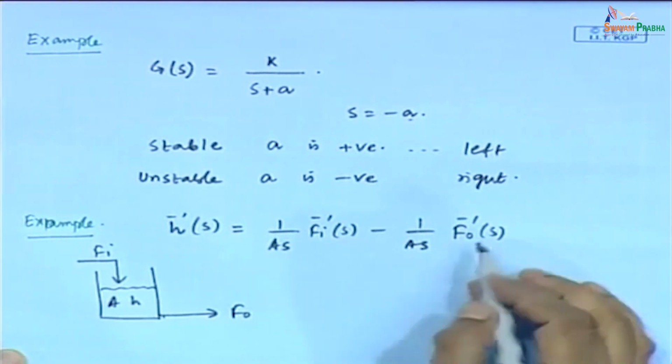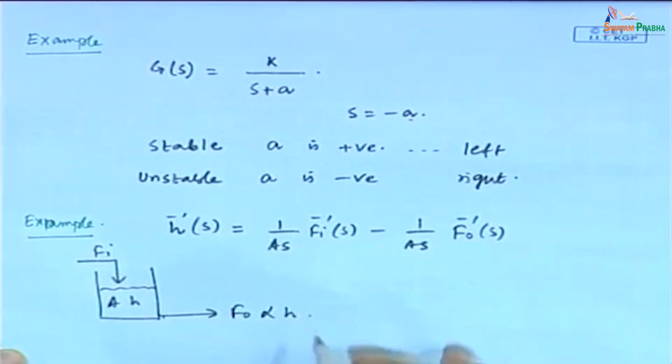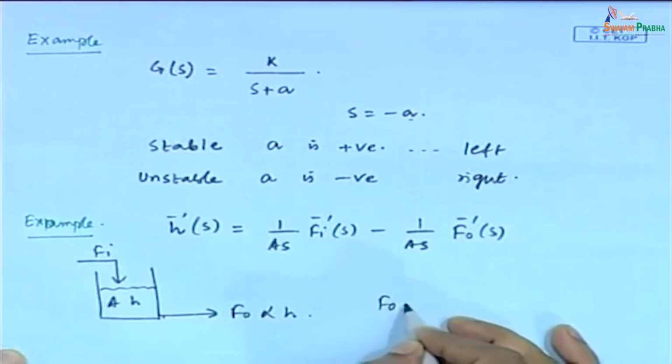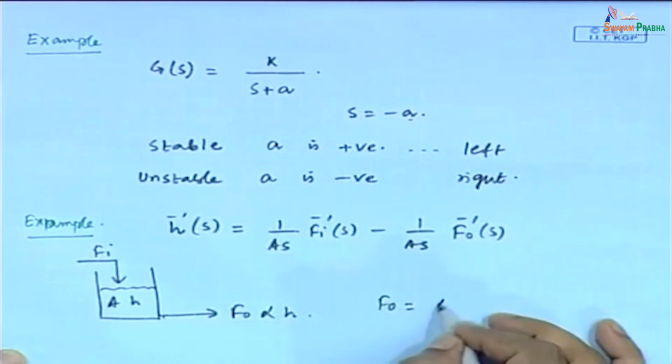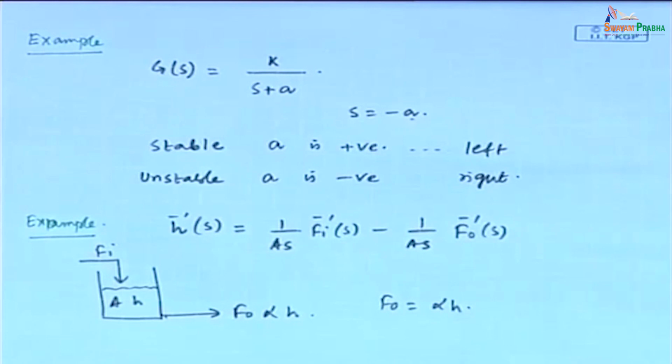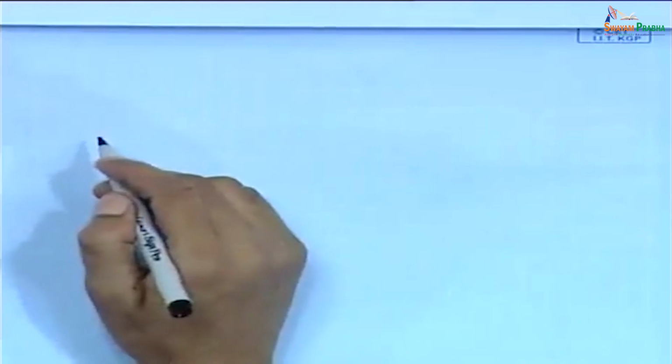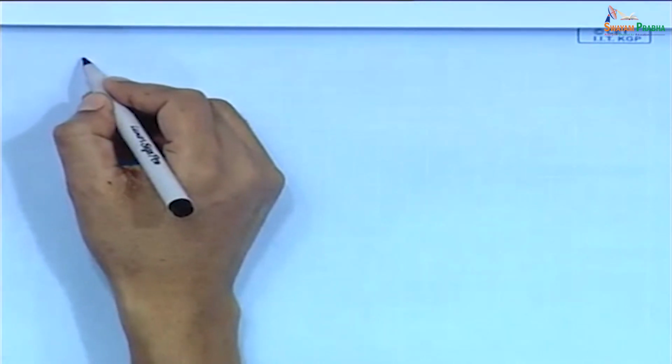Now, we can do one thing, we can consider f is proportional to h. We are just trying to modify this example. Now, f naught equals, suppose, alpha multiplied by h. Now, if we substitute this in the model equation, then what we will get?